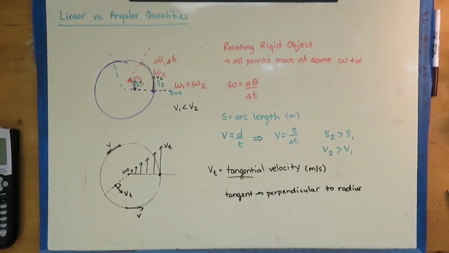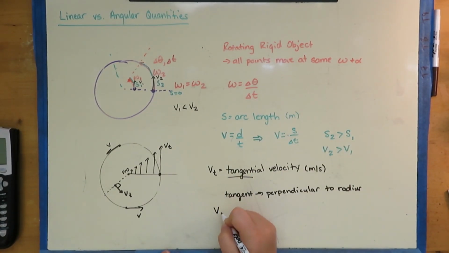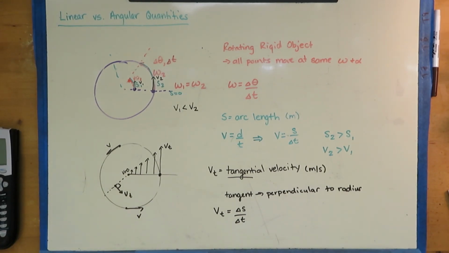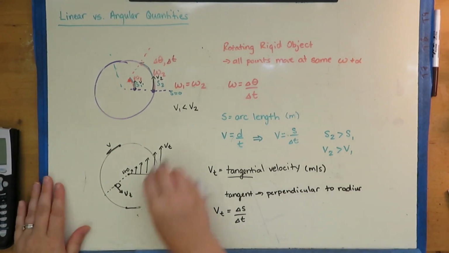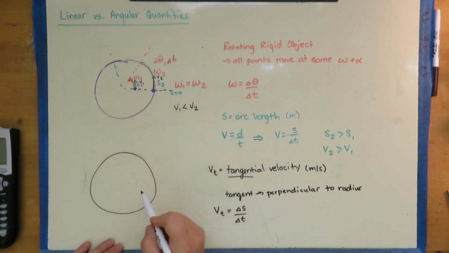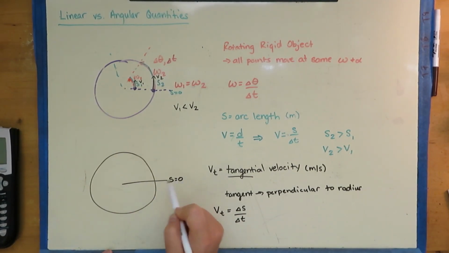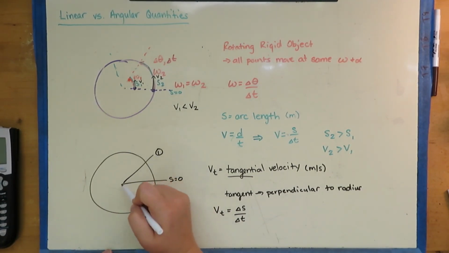Now our definition of tangential velocity is going to match this definition up here. Our tangential velocity is by definition the change in arc length over the change in time. And once again, that is going back to a definition where we are assuming that we have some sort of initial s equals 0. I have some position 1 and some position 2.